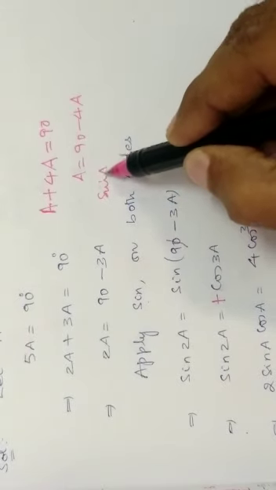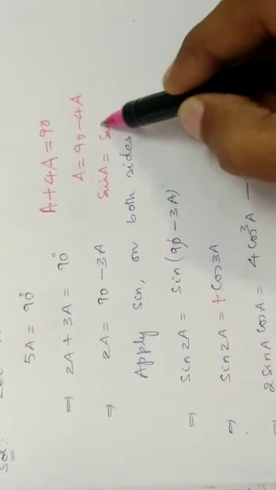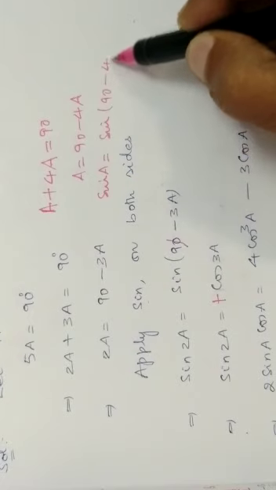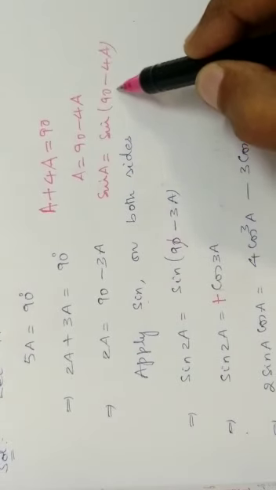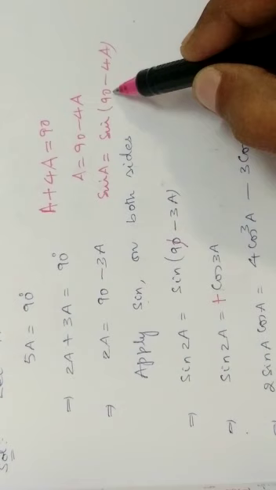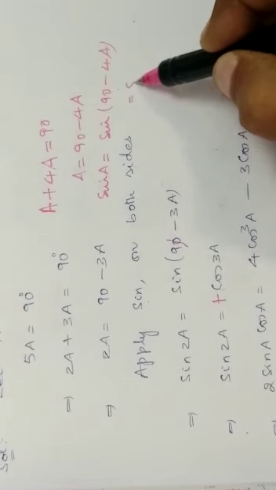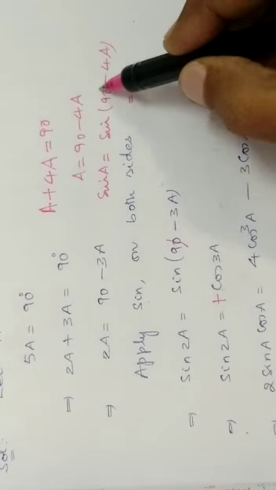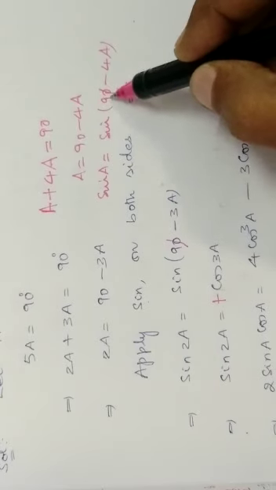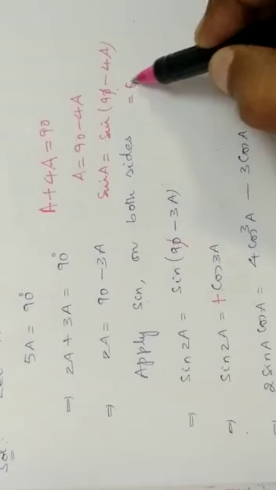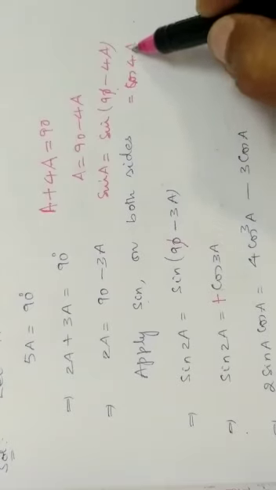Sin a equal to sin of 90 minus 4a. 90 minus, first quadrant, sign is positive. 9 is odd. Remove 0. Sign becomes cos. So cos 4a.